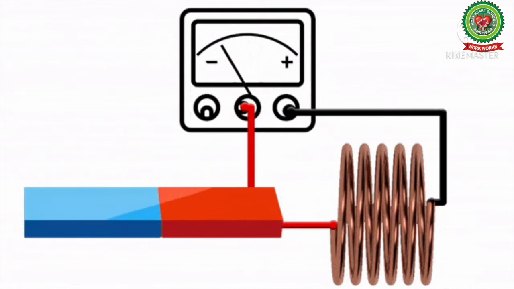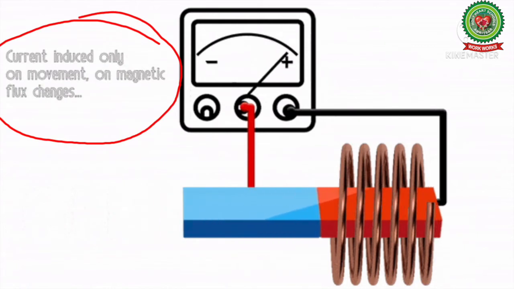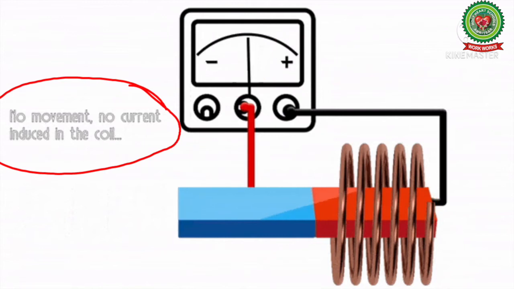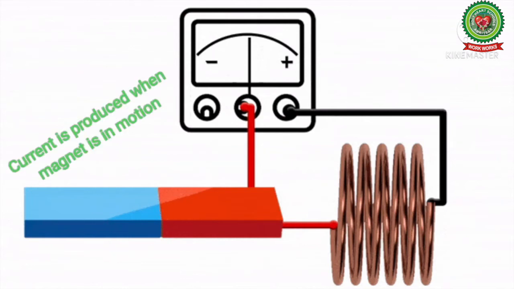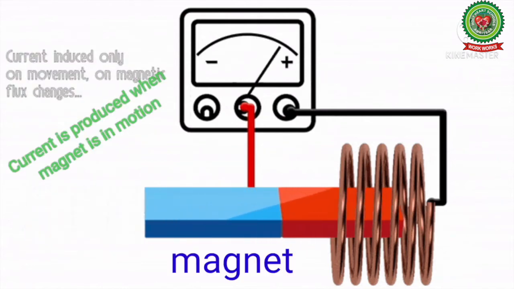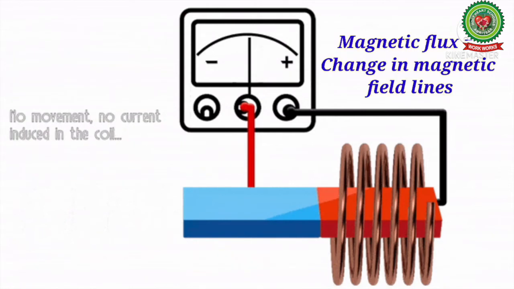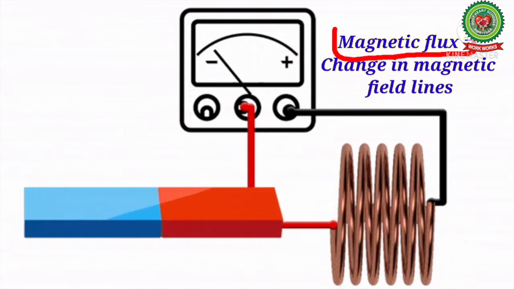You can clearly see in this picture the deflection made by the galvanometer on the movement of a magnet. And when the magnet stops, the galvanometer shows no deflection. That means the current is only produced when the magnet is in motion, that is, there is a change in magnetic field lines or magnetic flux linked with the conductor.